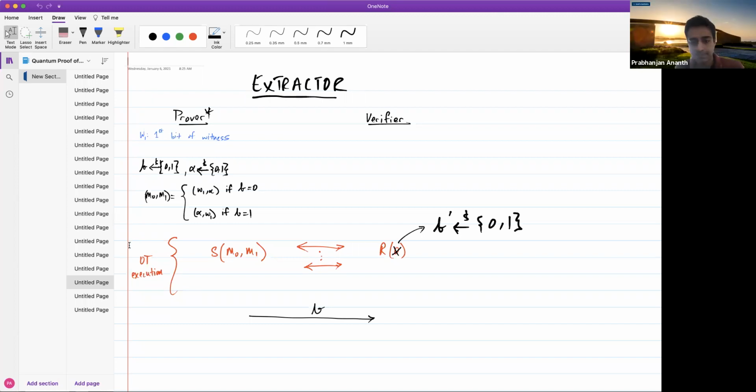Prabhanjan, I had a related question, like I think I lost the forest for the trees here.